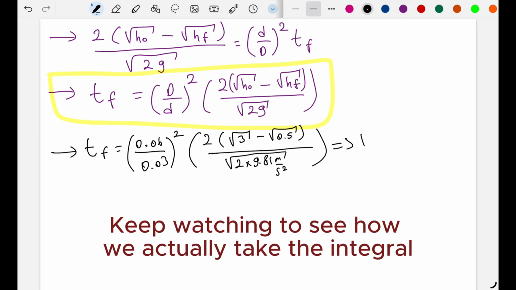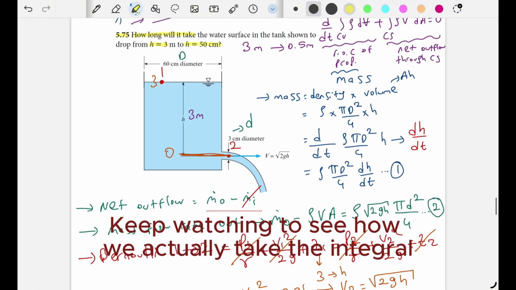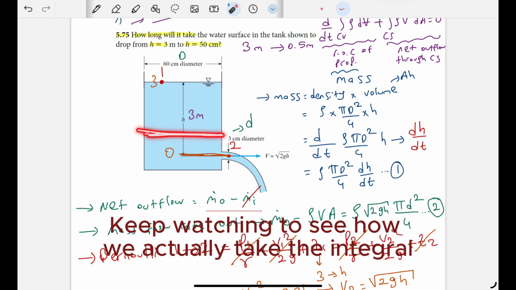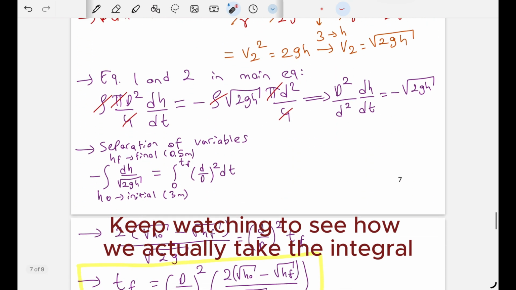And this is going to give 185 seconds. So this is the time that is required to drop the water level from 3 meters to 0.5 meters. So it takes 185 seconds.